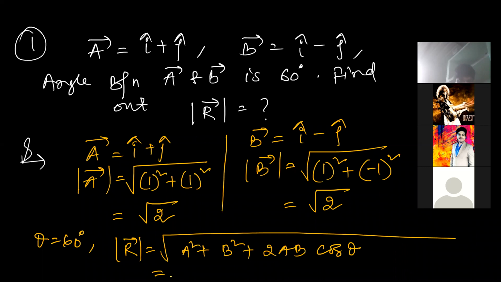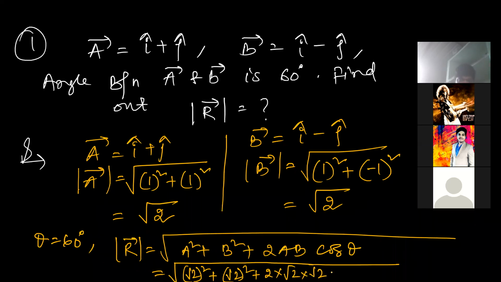So it is equal to A square, that means root over 2 whole square, plus B square means root over 2 whole square, plus 2AB, that means 2 multiplied by A, which has a value of root 2, B is also having a value of root 2, multiplied by cos of the angle theta, that is cos 60.